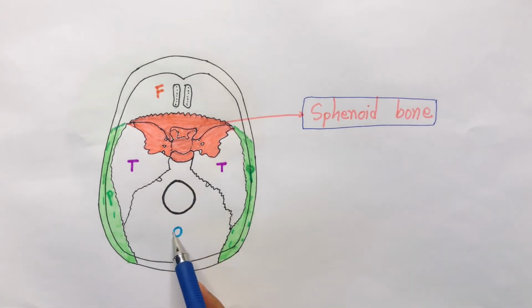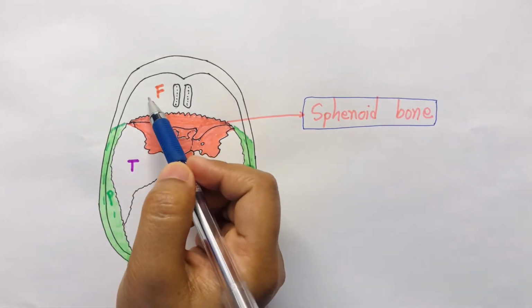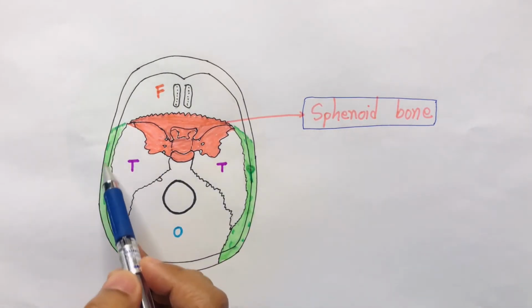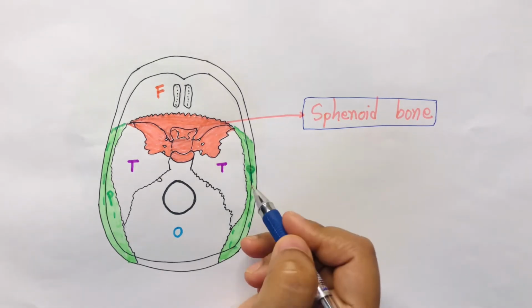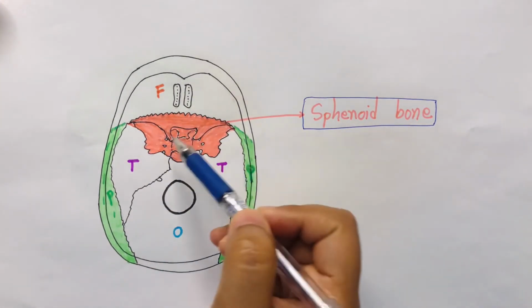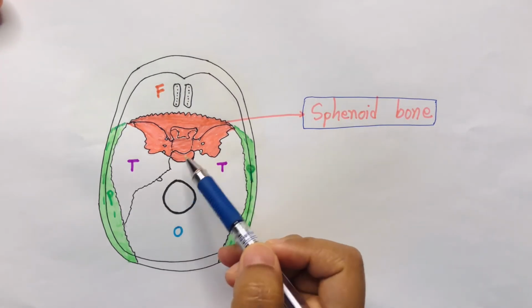And this is our occipital bone, this is the frontal bone, ethmoid, then two temporal bones, and these green color bones are parietal bones. We can see these bones make up the base of the skull.